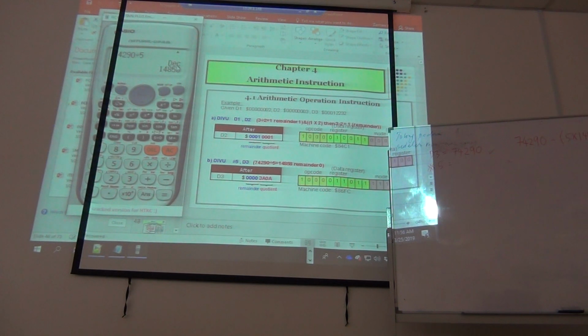Same or not, this one? 74290 is equivalent. 5 times 14858, how much? Same, right? So this one minus this one is equivalent to 0. Same, no problem. Very simple. Right? Don't understand? Let's look at this.